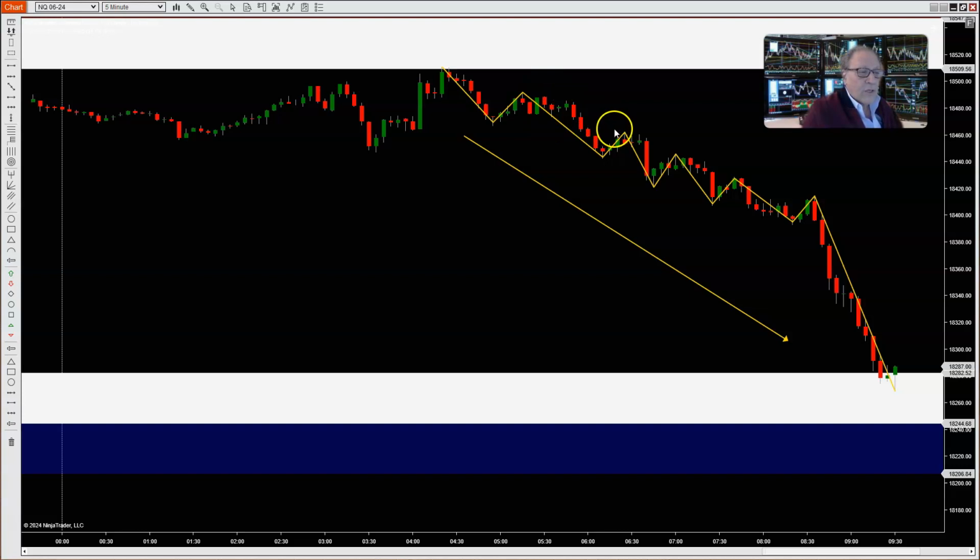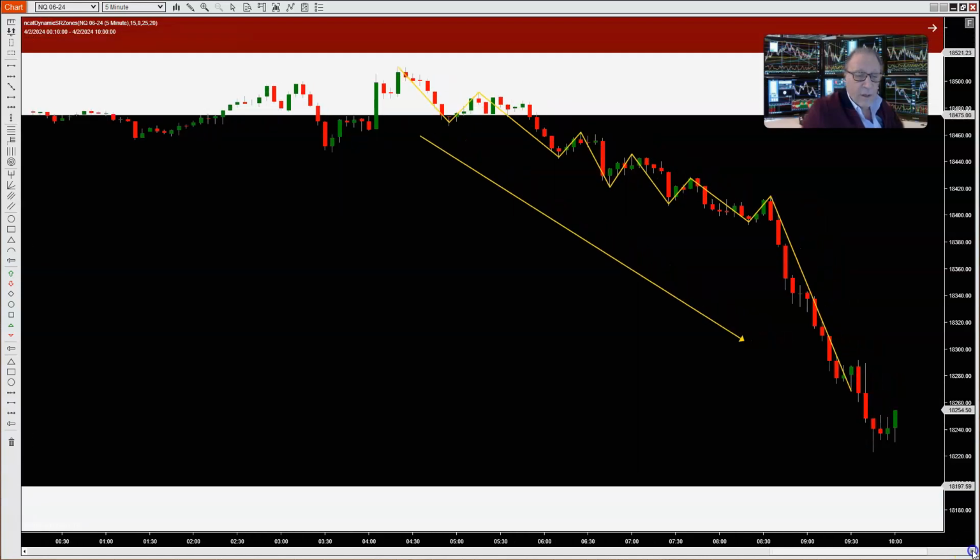I'd put my stop loss right behind this lower high, and as it continued down and created the next lower high, I'd move my stop loss down to here, then down to here, then down to here. I would continue to work it down until I saw the pattern break. What do I mean by the pattern break? Let's go ahead and move forward.